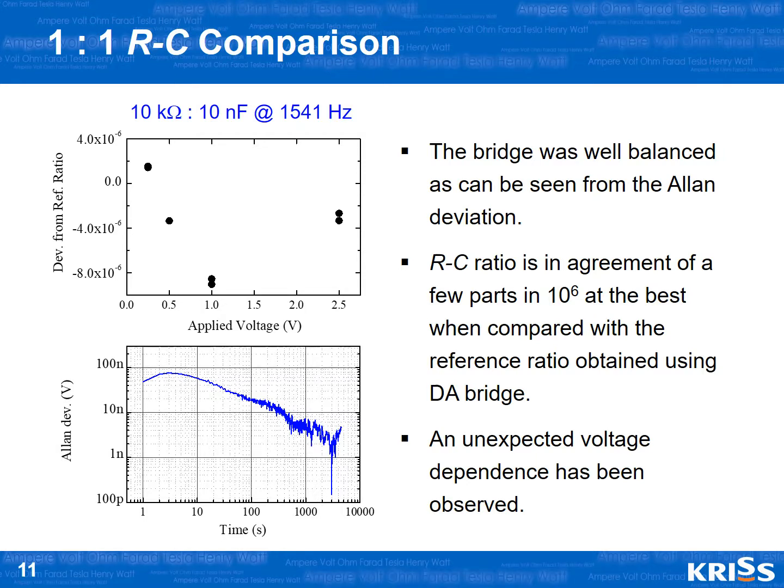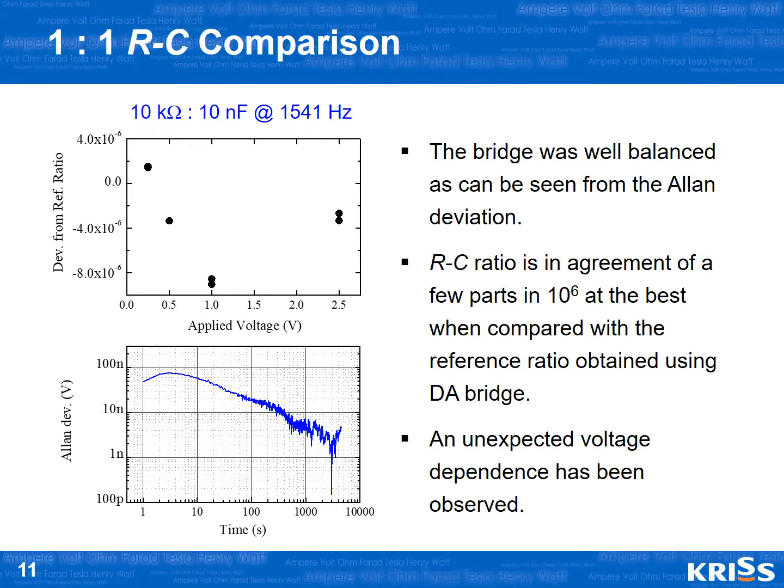0.25 volt. The measurement result showed an unexpected voltage dependence. The resistance-capacitance ratio differed by more than 10 to the minus 6 when the applied voltage went from 0.25 to 1 volt.